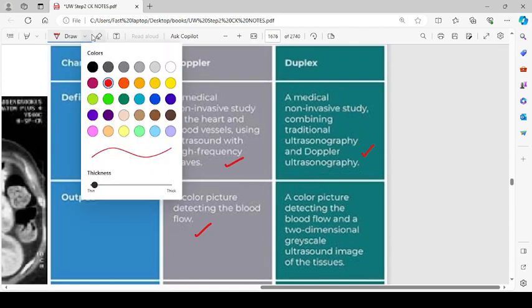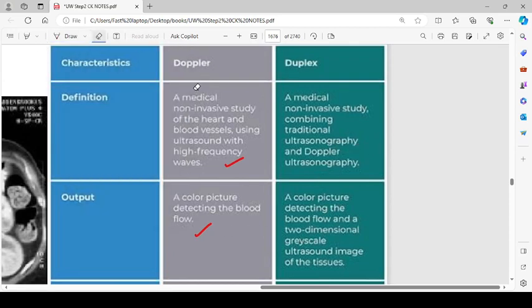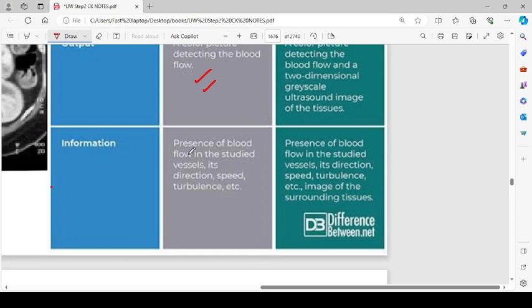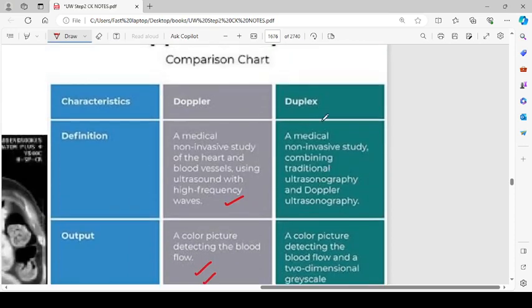So for the Doppler, it is a medical non-invasive study of the heart and blood vessels using ultrasound with high frequency waves. A color picture detecting the blood flow will be seen, and the information is the presence of blood flow in the studied vessels, its direction, speed, turbulence, etc. For the duplex ultrasound, the definition is a medical non-invasive study combining traditional ultrasonography and Doppler ultrasonography.